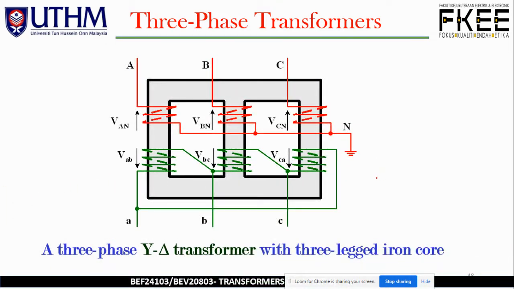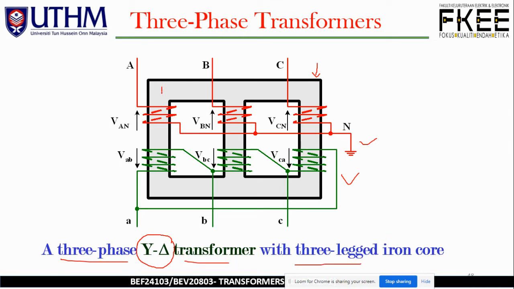So now we have the basic, representative diagram of the transformer, which consists of the core as well as the winding. In this particular diagram, we have a three-phase Y to delta configuration transformer with a three-leg iron core.